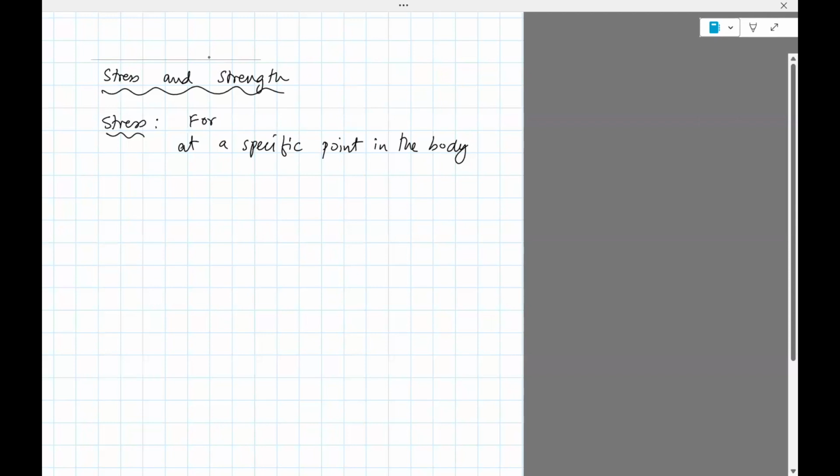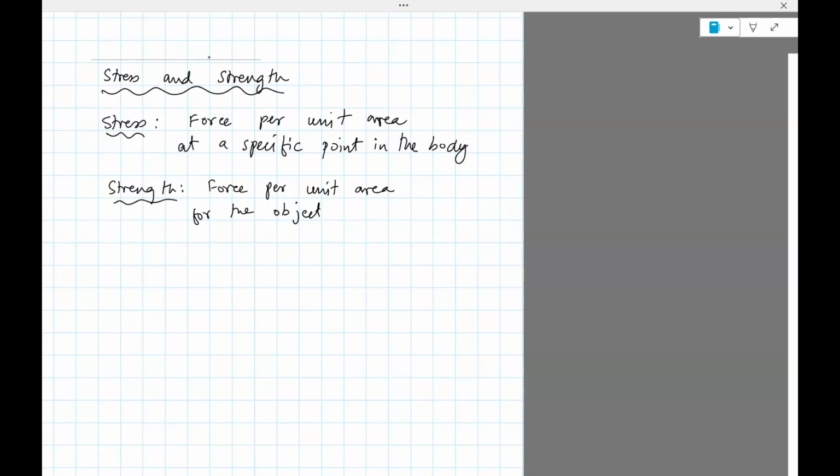So stress is force per unit area at a specific point in the body, but strength has the same units, force per unit area, for the object as a whole. We'll be revisiting this, but it's important that you keep that distinction in mind.